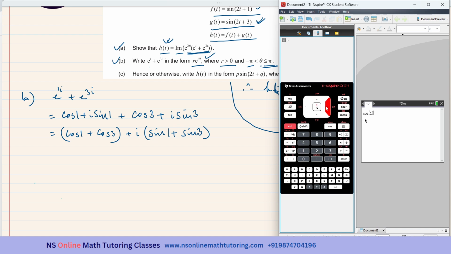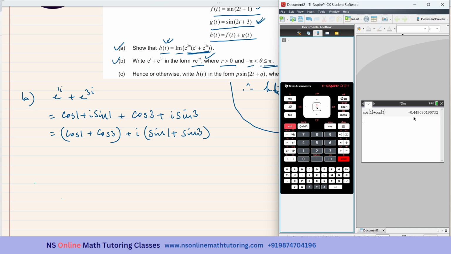You may, if you want, you can use the complex arithmetic, but I'm not going into that detail. Okay. Cos 1 plus cos 3, and make sure that your degrees, angle settings is in radians. Okay, because 1, 3, these are in radians.